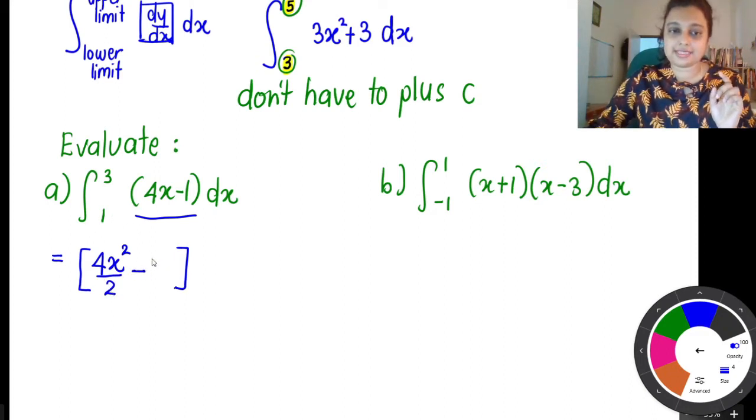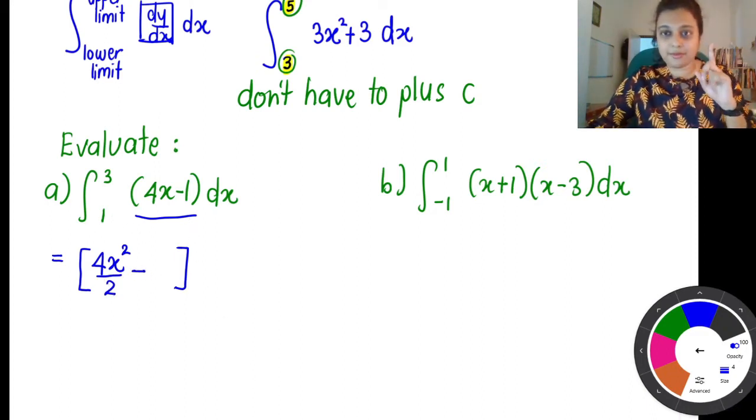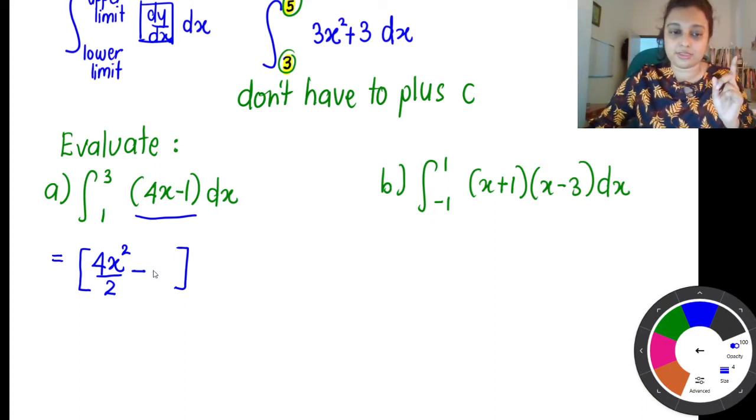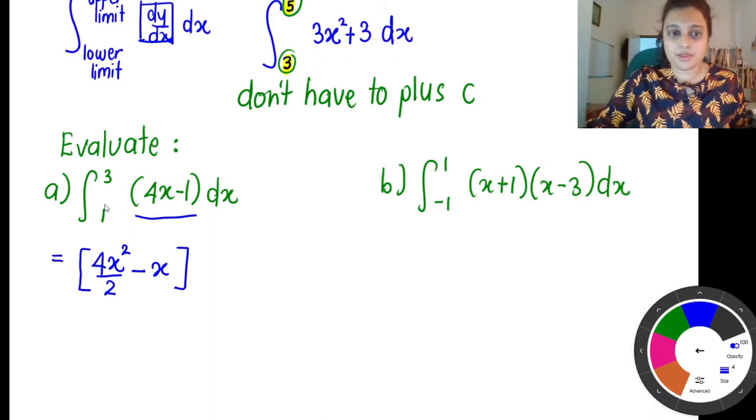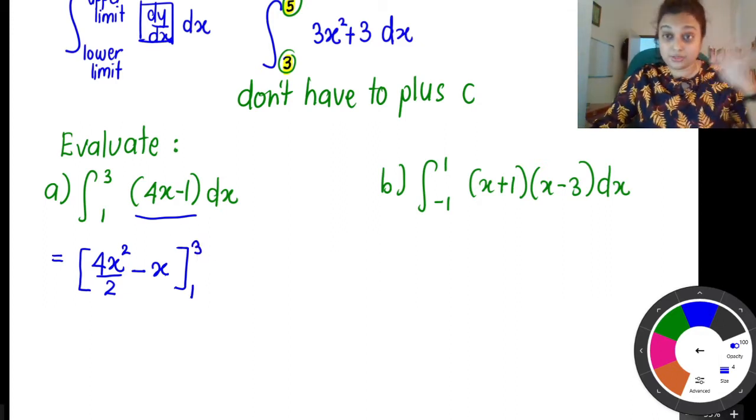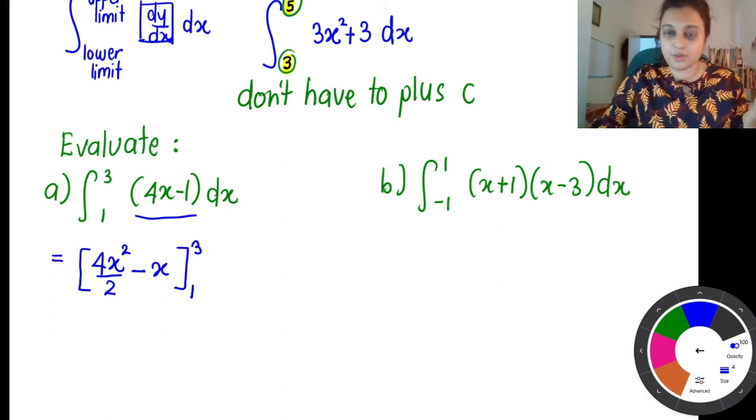Minus 1 will become what? Remember I told you that constants must always add an x. So minus x. Then why we put the big bracket is because we want to write the lower limit and the upper limit. The lower limit you write here and the upper limit you write here, so it's going to be outside of the bracket. That's why we put the bracket.